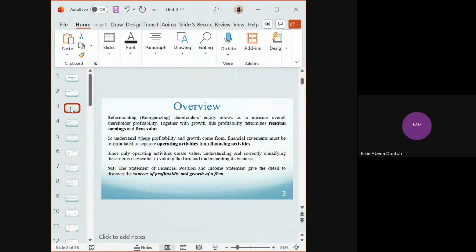So last week we looked at reformulation of the statement of shareholders' equity as well as the cash flow statement. So today we are channeling our view to the income statement and the statement of financial position.